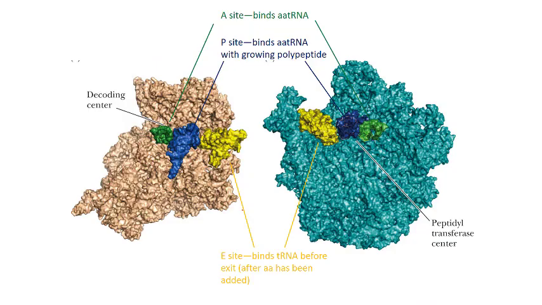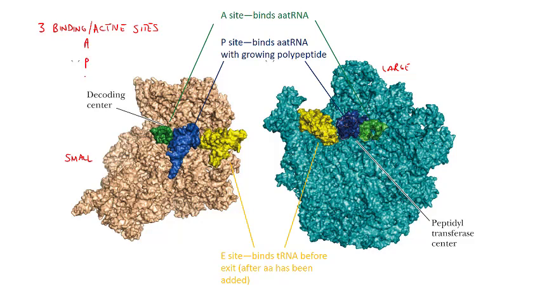So before we do that, let's take a look at the geometry and the layout of the ribosome. So once again, we have the small subunit on the left and the large subunit on the right. So the ribosome has three important binding sites. We'll say binding and active sites because there are catalytic steps that occur at each of these three sites.